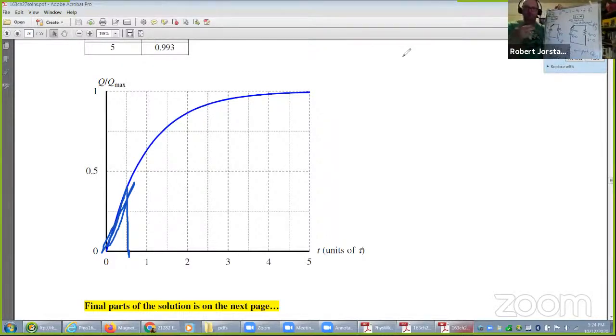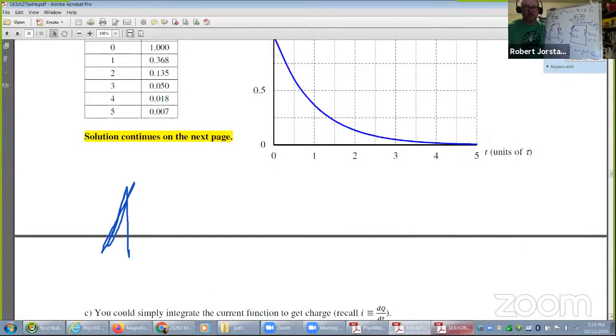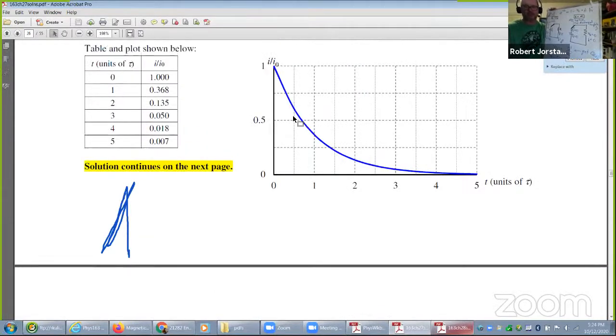You'd be right, but only for like the first 30% or so of change. Up here the same thing is true. You can see it's pretty linear for that first half a tau, right? But again, that's only about 30%.